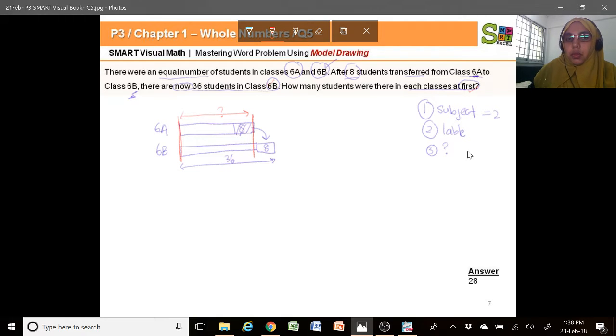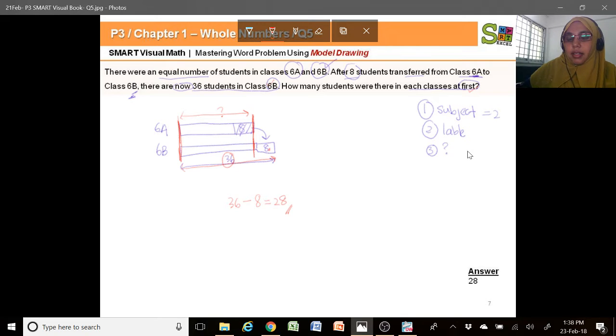So how do we do this? We can see exactly that this and this are the initial, right? And here to here is 36. So we just need to take the 36 minus the 8, which will give us 28.